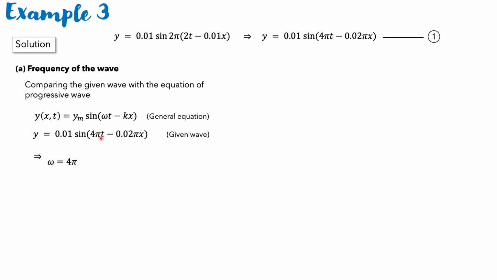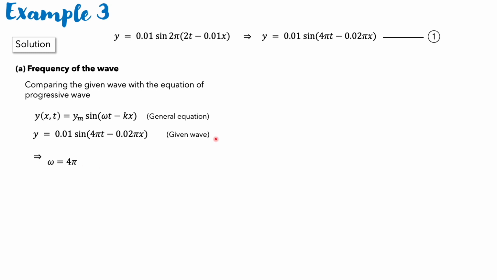In a similar way, k will be 0.02 pi. Both have x, so the term before x will be k. Likewise, the term before t will be omega, right? So by comparing these two equations, we get omega, which is 4 pi.